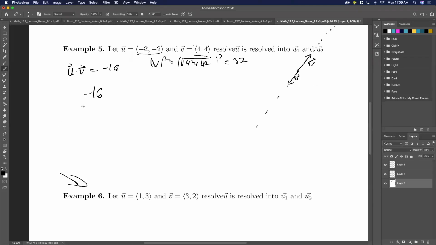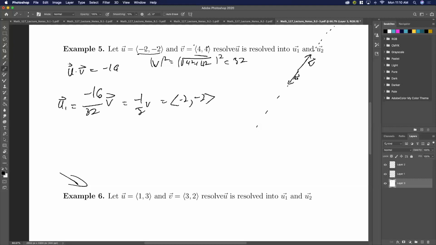So I have minus 16 over 32, which is minus a half, right? Oops, I forgot my v. Times v. So my u1 is equal to that, which is minus a half v. And minus a half of v would give me negative 2, negative 2.